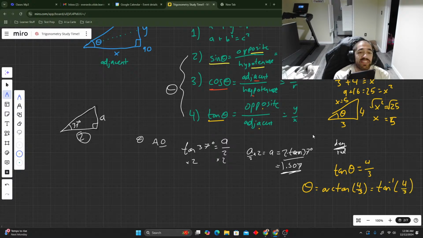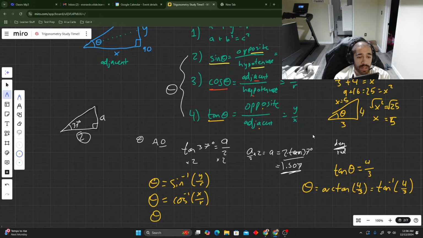Even though I said 3 equations, technically the opposite of these to solve for the angle is the inverse of it. So there's inverse sine, y over r. There's inverse cosine, x over r. And then there's the tangent one. You could see it as inverse, so that to the minus 1 power.